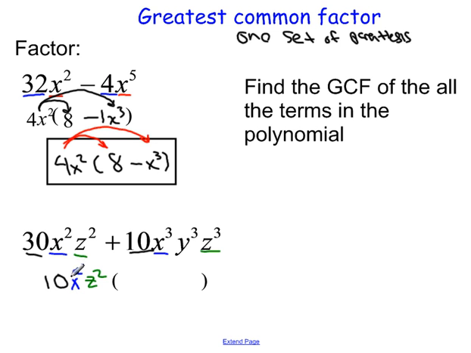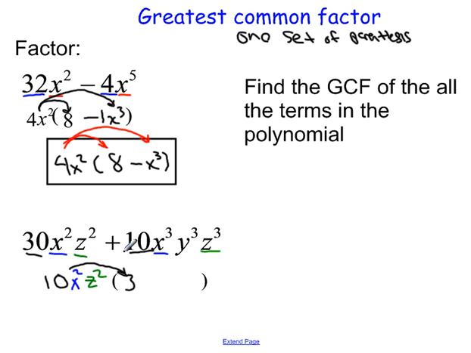Okay, now, this requires a little thinking. 10x squared z squared multiplied by what is going to give me 30x squared z squared? Well, that's just going to be 10x squared z squared times 3. And you can just check it by making sure that this multiplies to give you this term here.